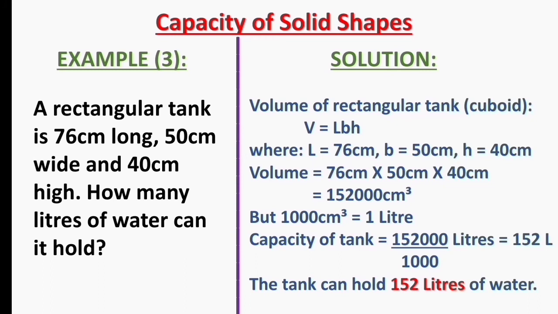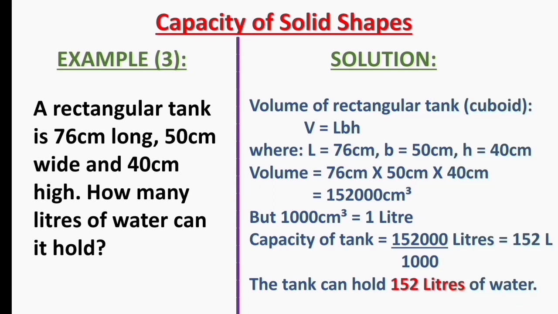But the question asked, how many liters of water can the rectangular tank hold? So the relationship in converting centimeter cube here to liters is 1000 cm cube is equal to 1 liter. So if this is the relationship, the capacity of the rectangular tank is going to be 152,000 divided by 1,000 liters.